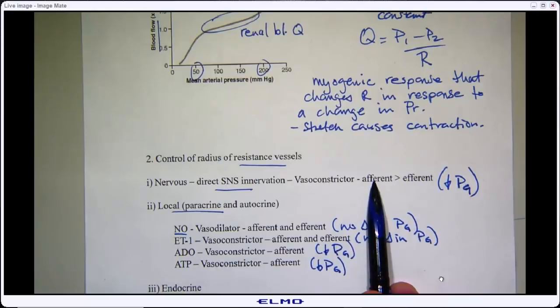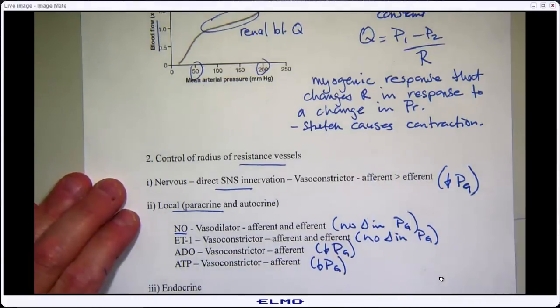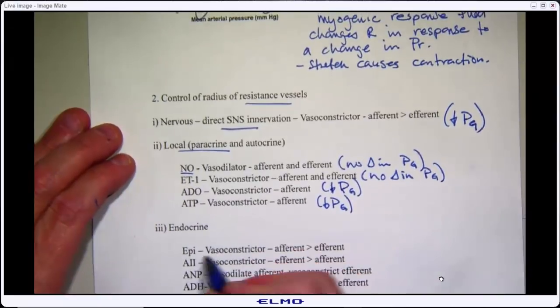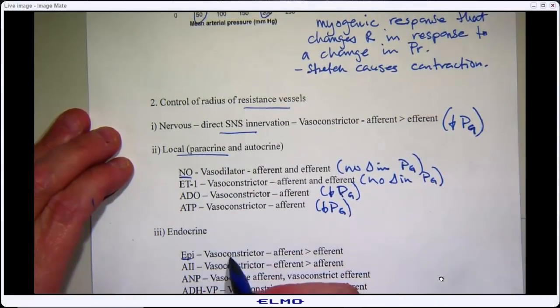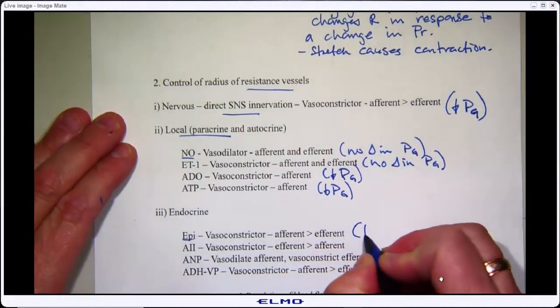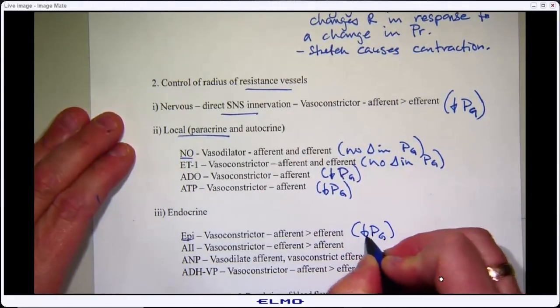So epinephrine as a hormone is going to do exactly the same thing as the sympathetic nervous system did on a milliseconds to seconds time scale, okay? So no big surprise, epinephrine is a vasoconstrictor, afferents greater than efferents. So we can decrease pressure in the glomerulus with this maneuver.